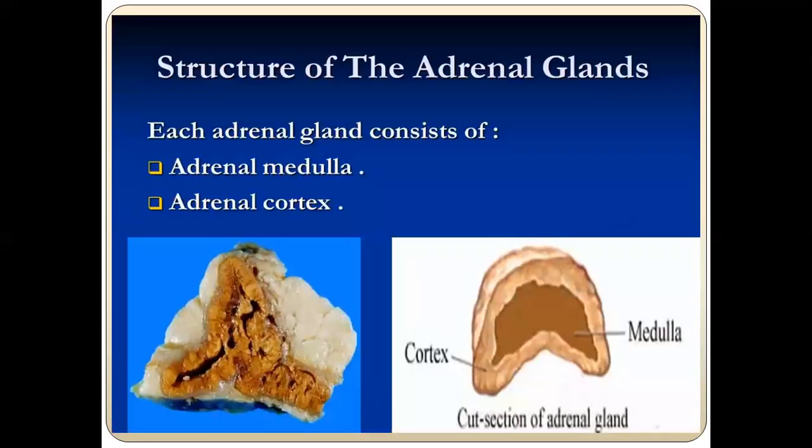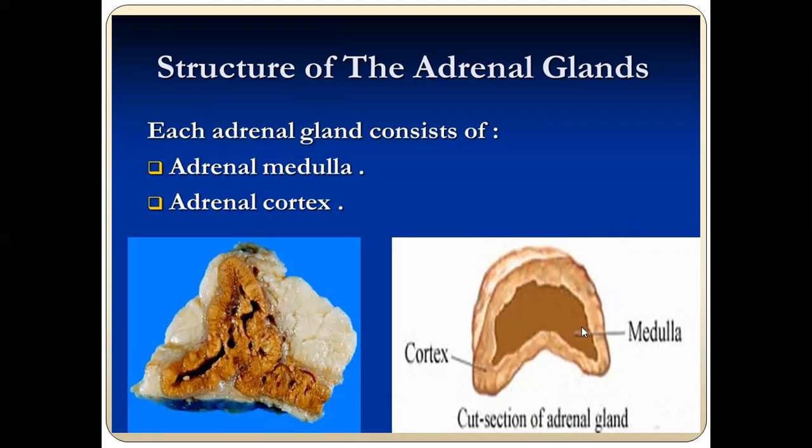I told you the adrenal gland consists of two parts, adrenal medulla and adrenal cortex. The outer part of the adrenal gland is called the adrenal cortex, and the inner part is called the adrenal medulla.